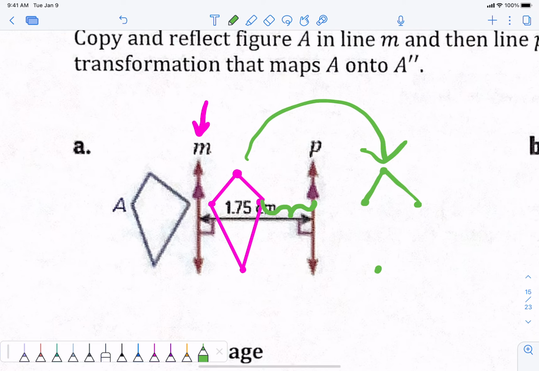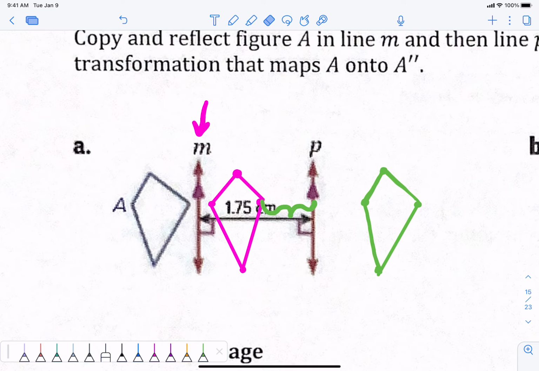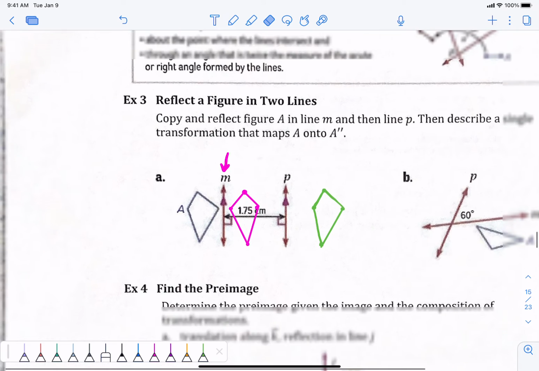Just do your best. He should stay about the same shape and same size, so try to make him the same shape and size if you can. Mine kind of did a little bit. He's just the same distance, but on the other side.